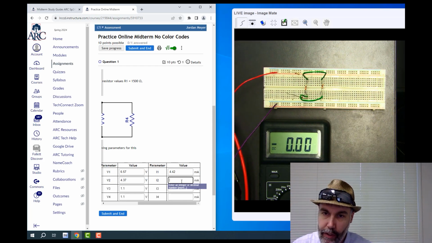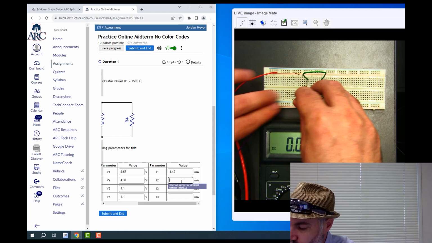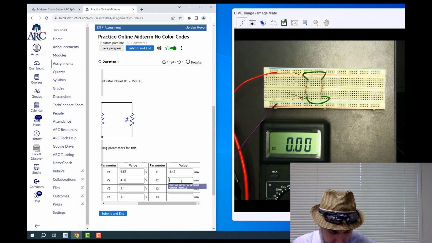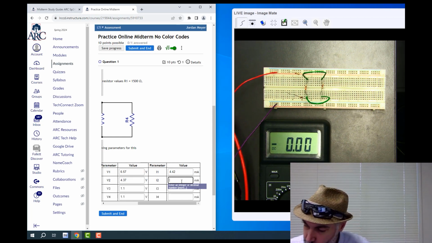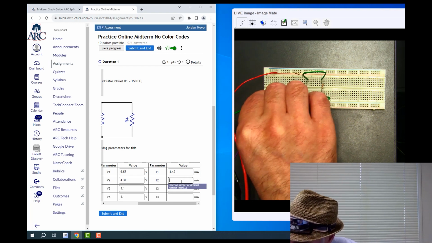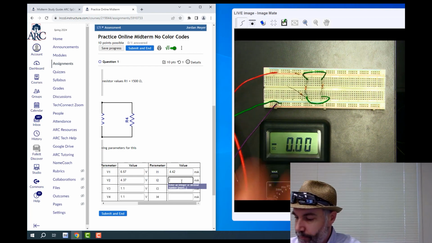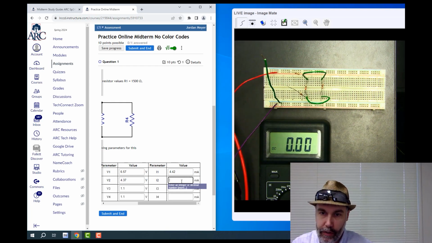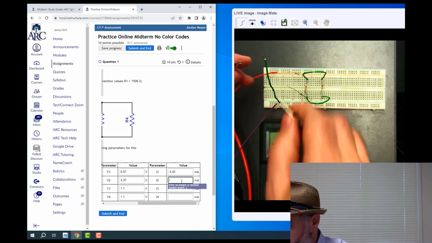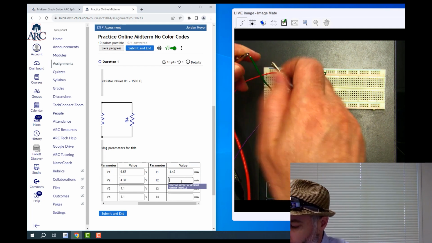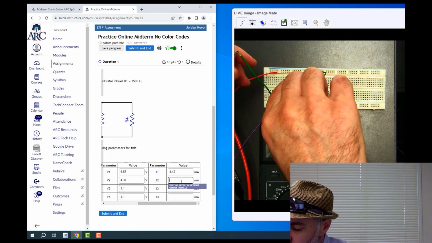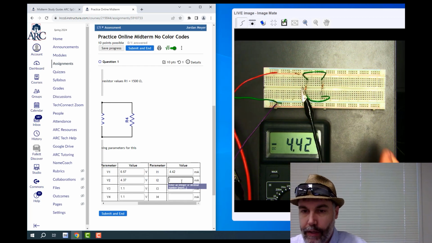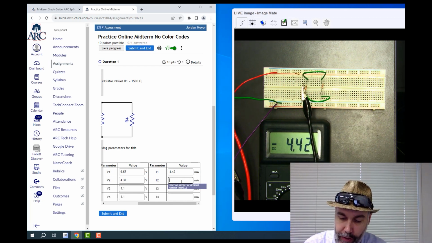So I took out one leg of that resistor. Then I plugged in a wire where that leg used to be connected. And then I hooked my meter to these two things that are sticking up, so to that wire and the leg of that resistor. And then that gives me 4.42 milliamps again.